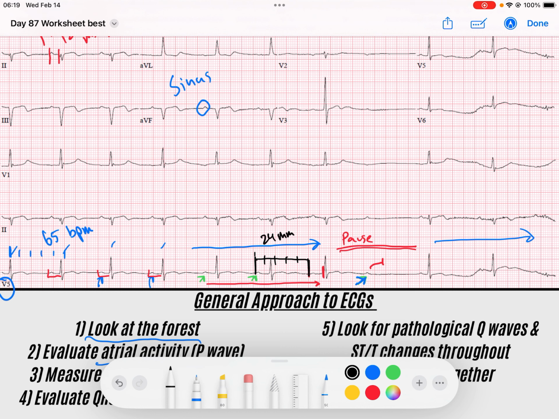We can do the same on this P to help determine if it's about the same: 5, 10, 15, 20, around 25. That's expected to be a little different with sinus arrhythmia, but it's definitely not a premature beat. So that's a sinus beat that comes on time and is blocked.